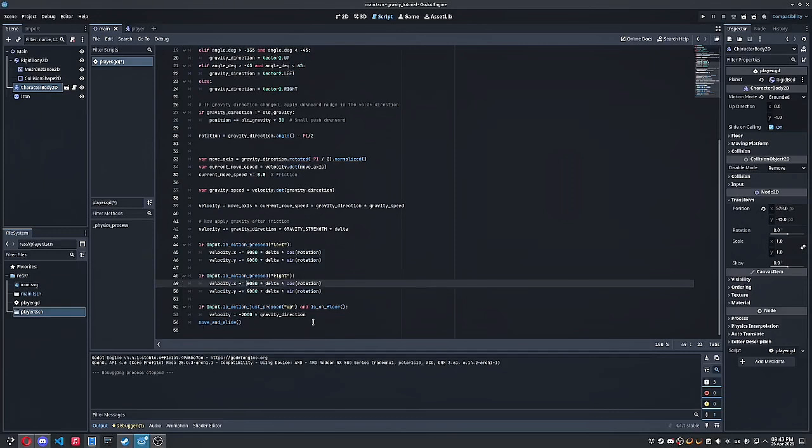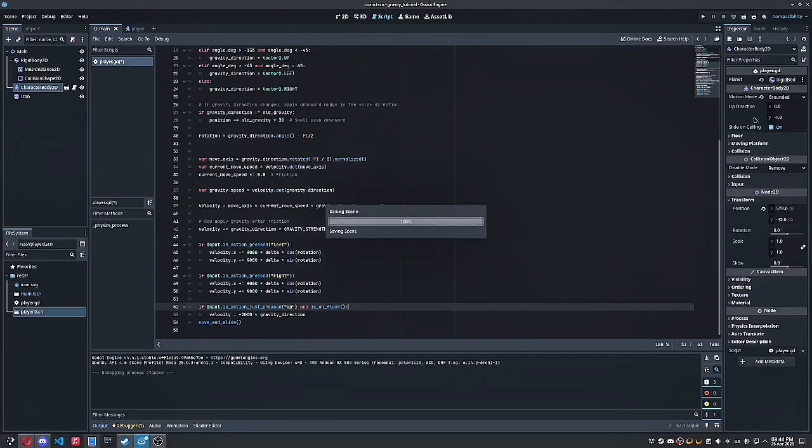And so, can you find the issue in this code? Is on floor, right? Well, yes, we do need this. But the way that Godot works is it uses this setting in the character body 2D to determine what the floor is. So we also have to change these things pretty much.